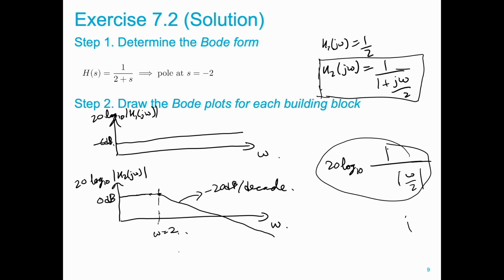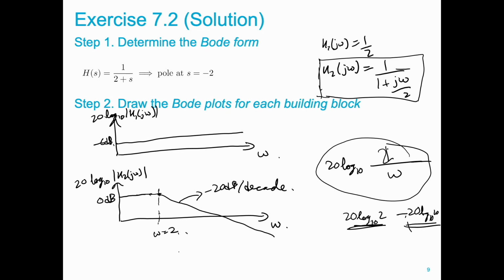This is something we've seen in class, and it's also easy to verify because for a large omega, I can ignore the 1, and all I get is 20 log 10 of 1 over the magnitude of j omega over 2, which is 2 over omega. This is equal to 20 log to the base 10 of 2 minus 20 log to the base 10 of omega. We're not interested very much in the constant, rather we are interested in the slope.